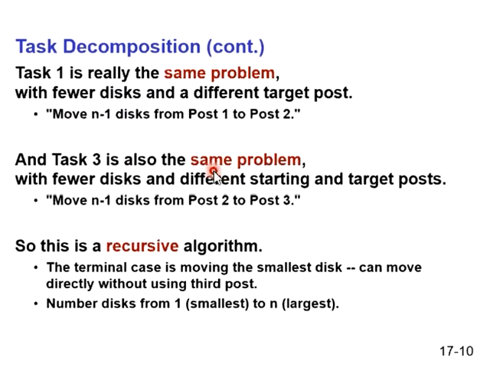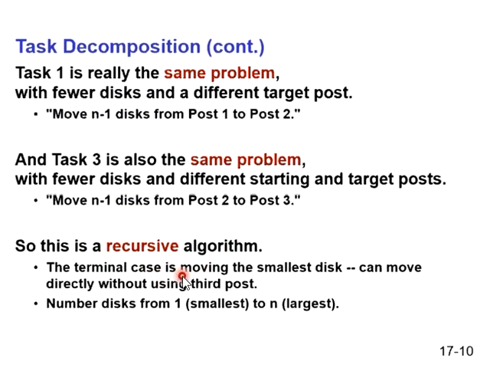So we see now task 1 is really the same problem with fewer disks and different start and end posts. When you write the program, it extends to this, and task 3 is the same. We move n-1 disks from post 2 to post 3. And this is the recursion.